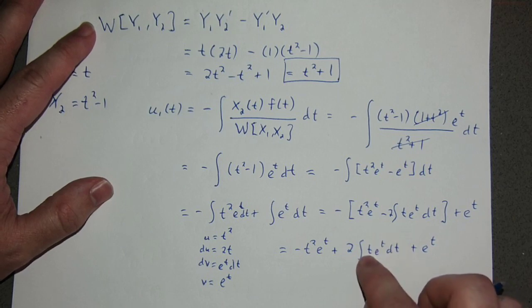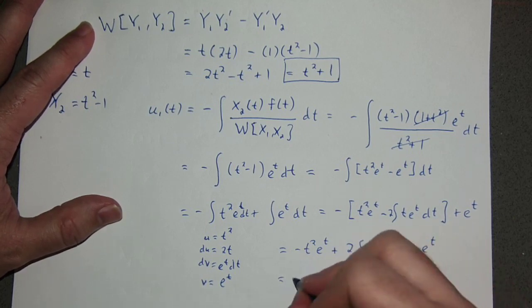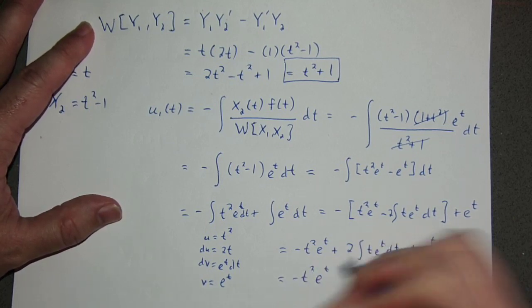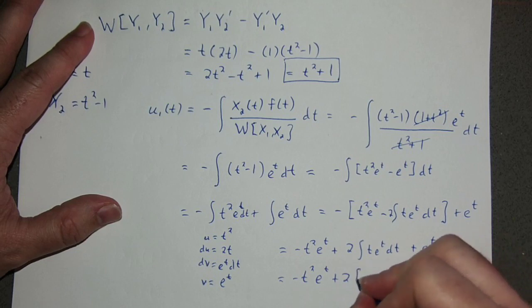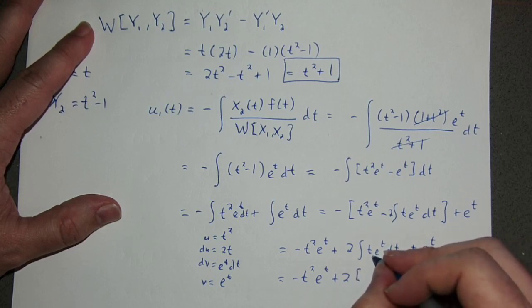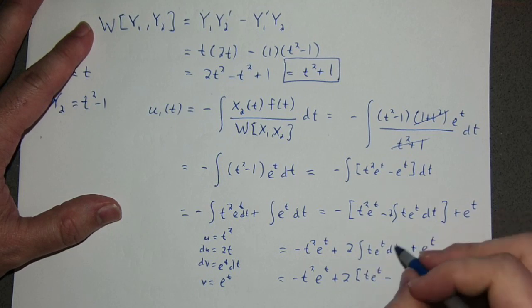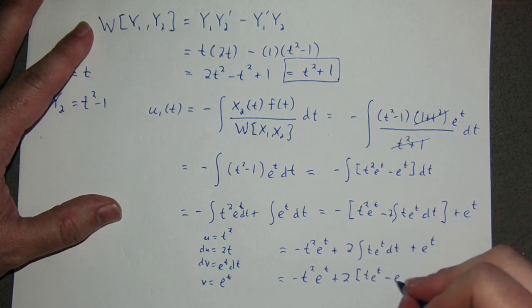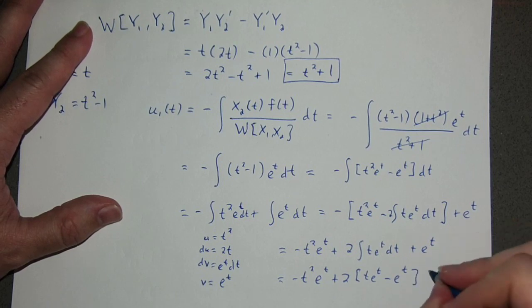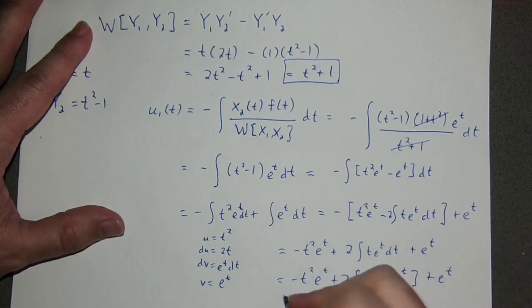So du is going to be 1, v is going to be e to the t. So this is minus t squared e to the t plus 2 times u times v, so that's t times e to the t, minus the integral of v du, but that's just going to be e to the t. Okay, plus e to the t.